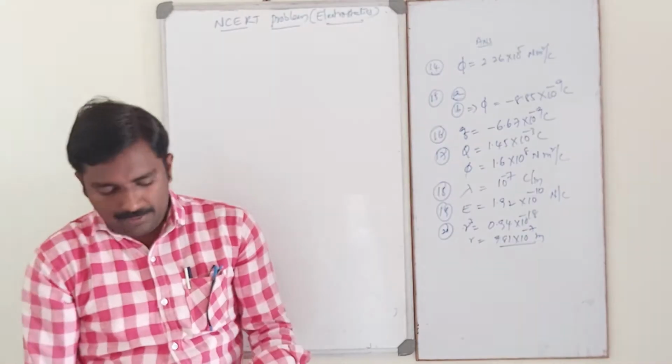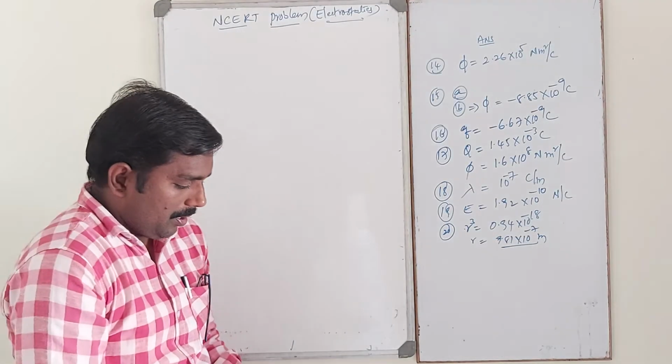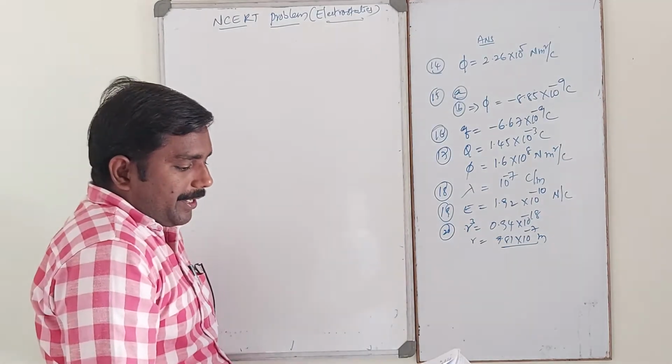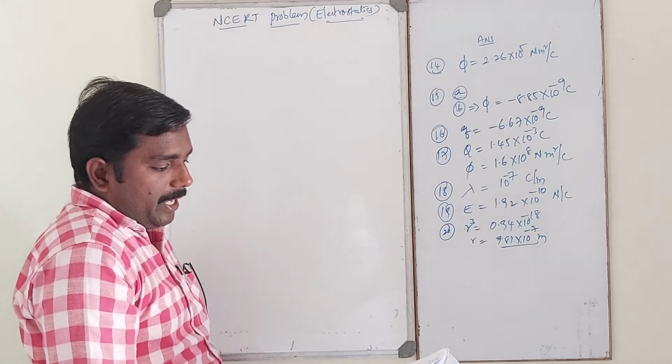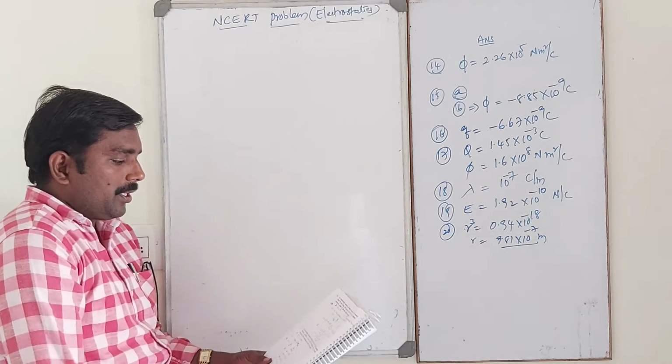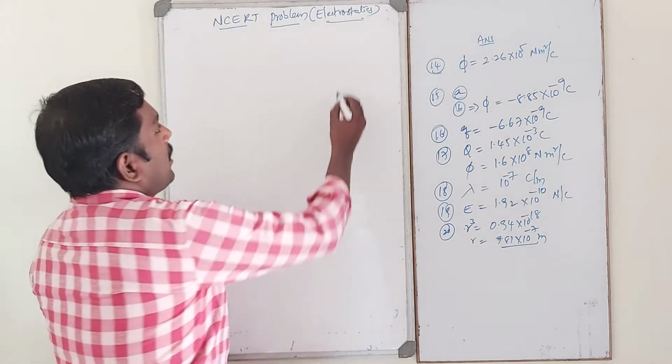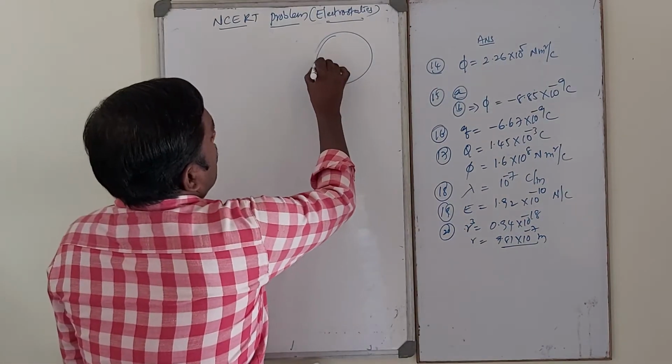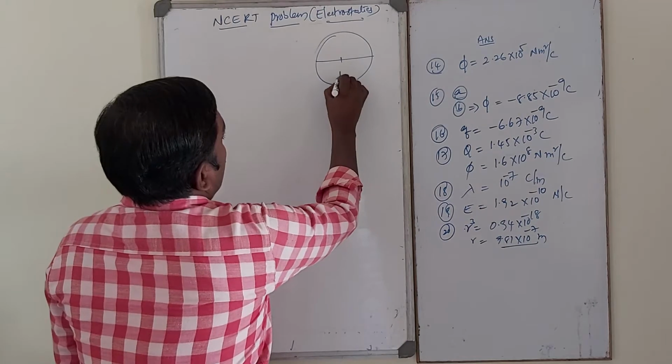Problem number 17. A uniformly charged conducting sphere of 2.4 meter diameter. A uniformly charged conducting sphere of diameter given. So, dear students, this is the diameter.